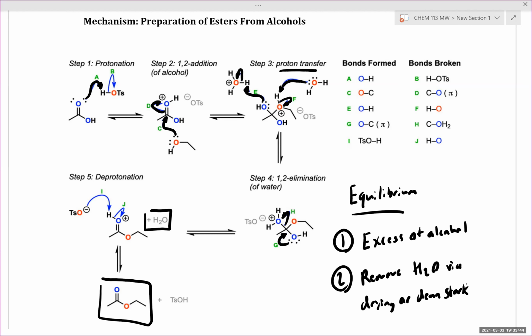Any questions on this reaction and these conditions?